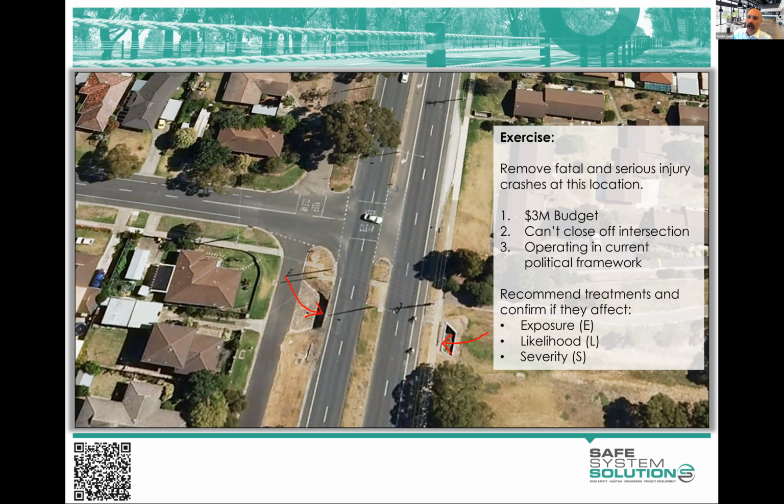More people thinking about signalizing crossing points. Ben's come through with quite a nice and detailed little scope of works there with a whole lot of different things in there, including things that address the likelihood, the severity with some speed reductions and raised intersections, and moving around the bus stop for the likelihood. Yeah, I think that's a pretty comprehensive and good one.